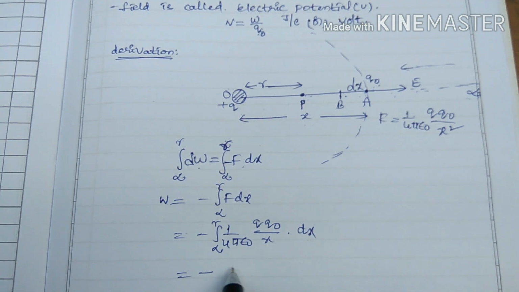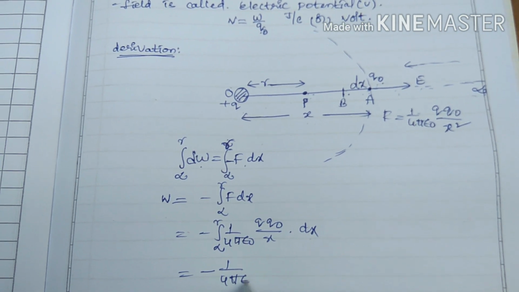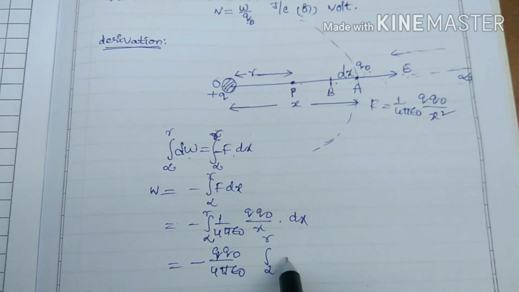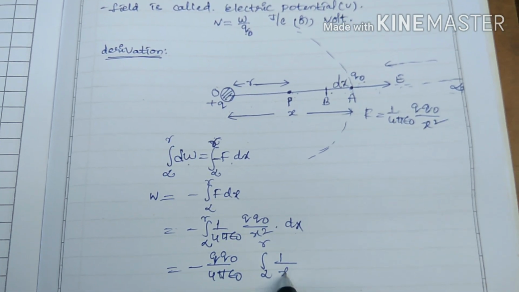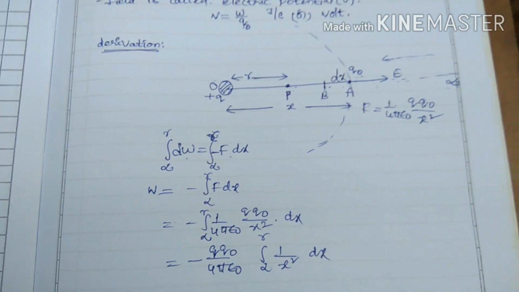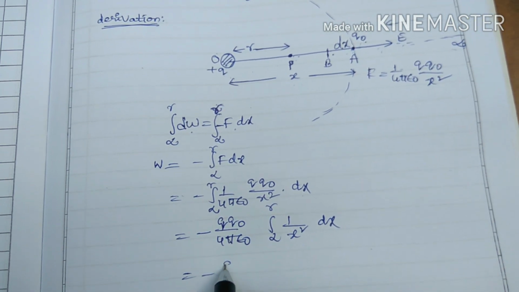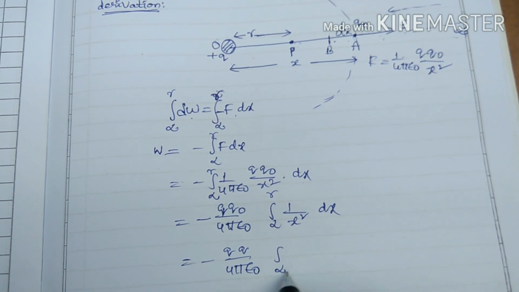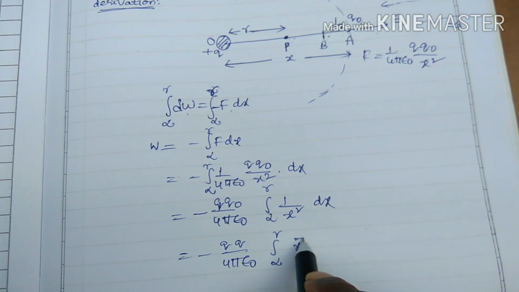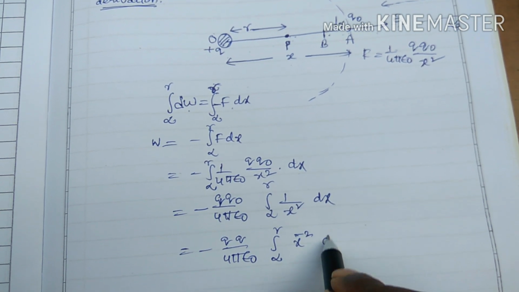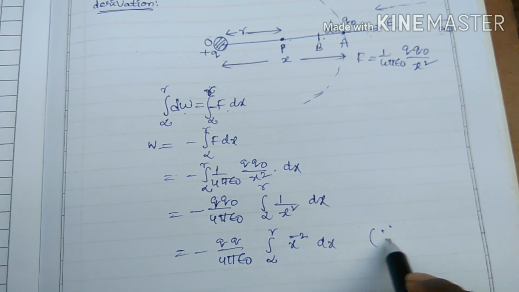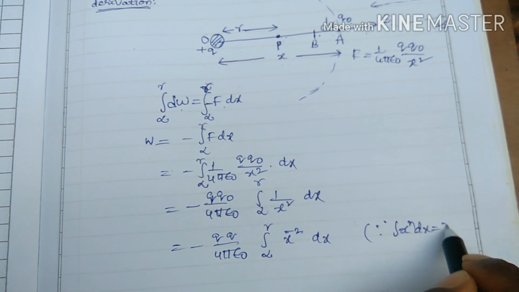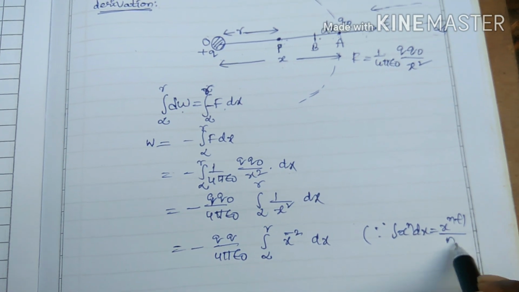F is 1 by 4 pi epsilon naught, Q Q naught by x square, so it is minus Q Q naught by 4 pi epsilon naught, integral from infinity to r of x to the power minus 2 dx. The integration formula is: integral of x to the power n dx equals x to the power n plus 1 by n plus 1.